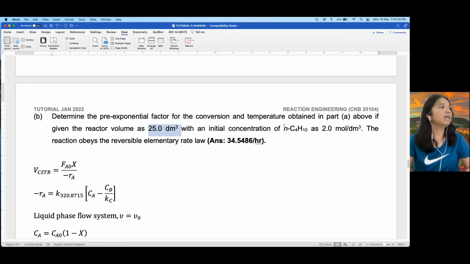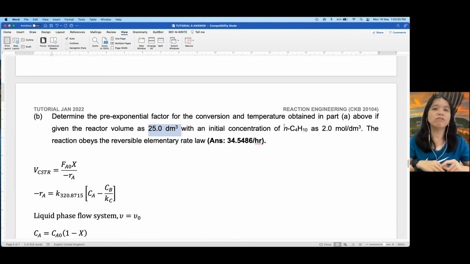They want us to find A, and they say the reaction obeys reversible elementary rate law. Okay, so again, this question seems a bit tough because it's not so straightforward. We have a lot of information which we are not sure how to process. So I always advise, when you have this kind of engineering question, you always start with what they want to find. So they want to find A.